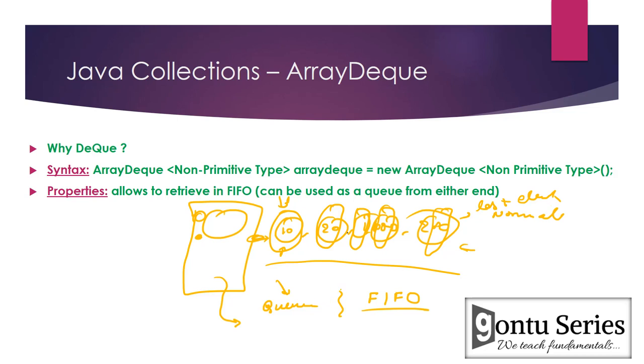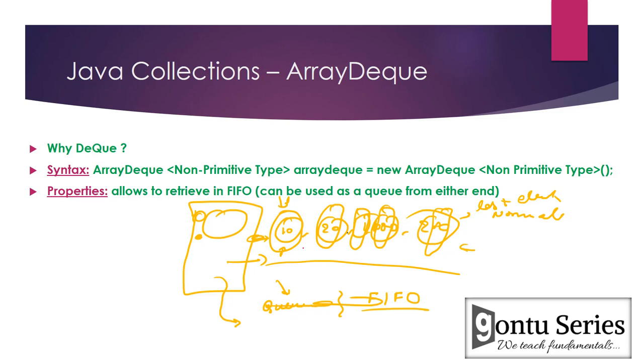Now if you use it as a queue from this side, then it's going to allow you to take out the element 10 first, and then 20, and then 1, then 1, and then 100, and then 200.